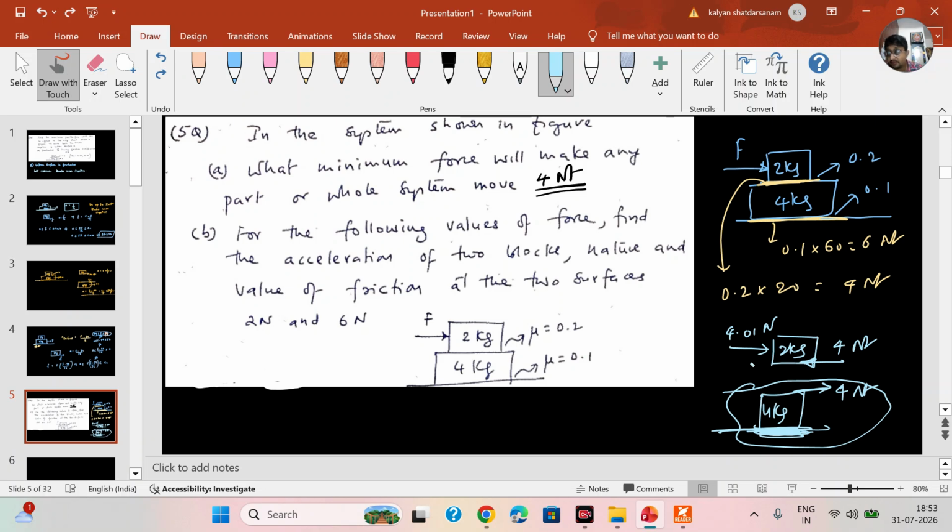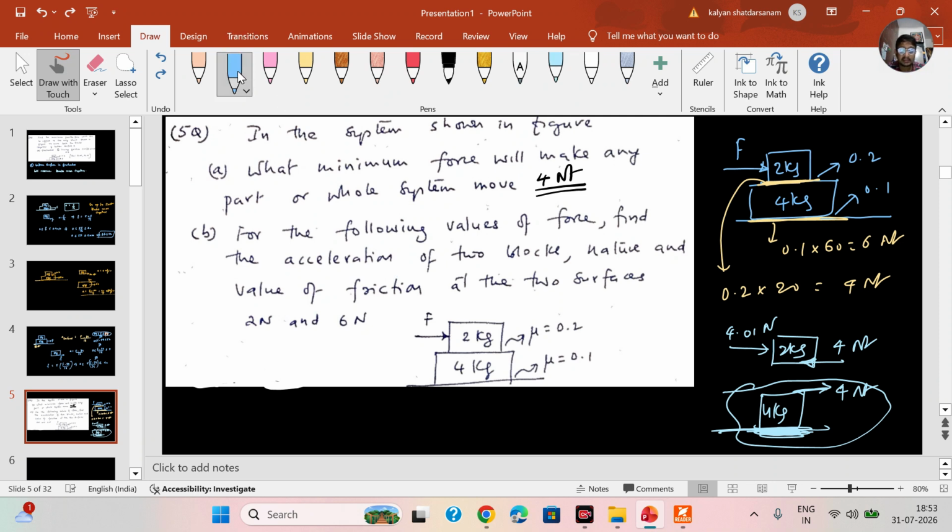F cannot apply. Only the kinetic friction of the 2 kg can apply force on the 4 kg. That value is anyway 4. So on the 4 kg, the maximum force the upper block can apply is 4 Newton. But to break bonds here, it requires 6 Newton. So bonds can never break. That's the idea. So the first case is very clear now. 4 Newton will make the system move.